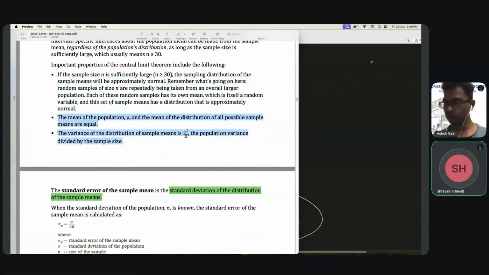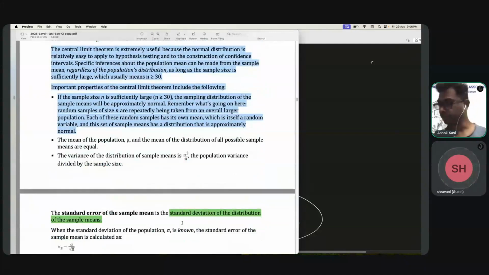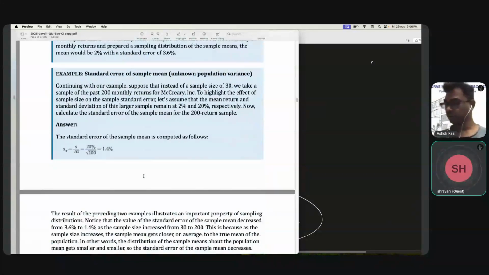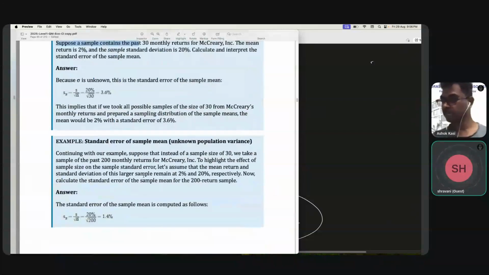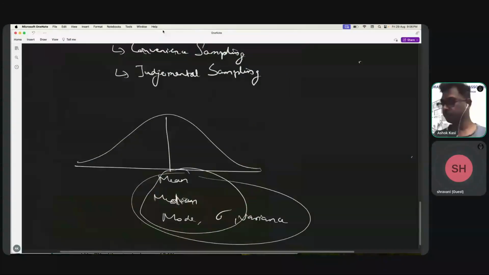So this part you don't have to read. I will tell you what you need to remember here. Standard error of the sample mean. Standard error is an important one. Standard error is the standard deviation of the distribution of sample means. What does that mean?